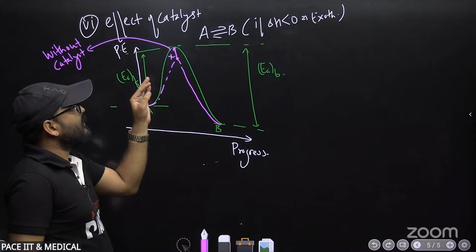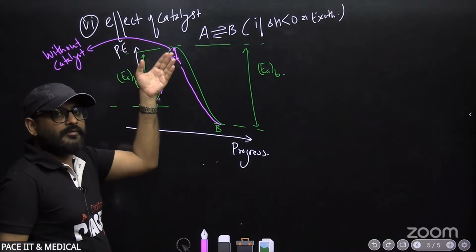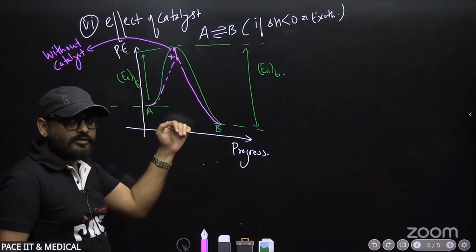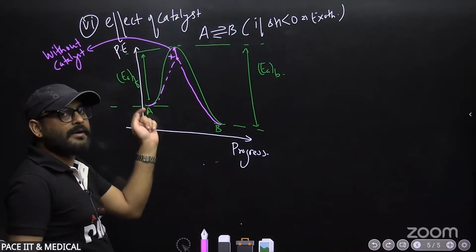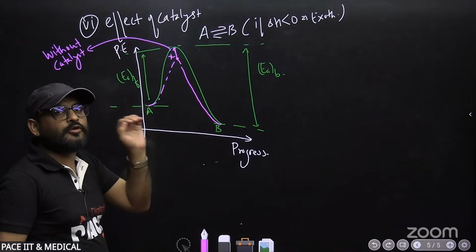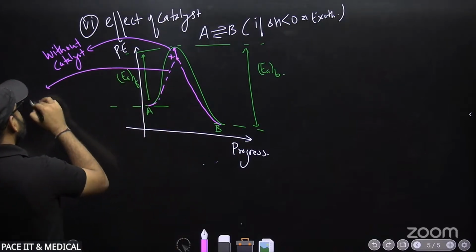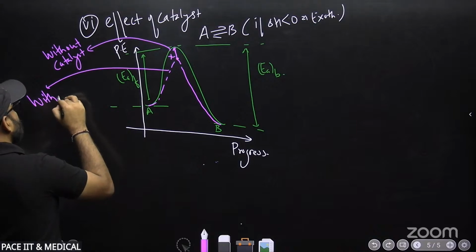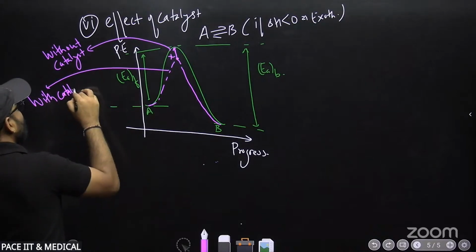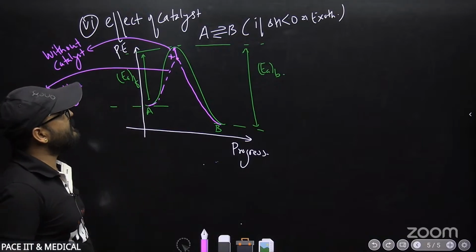Obviously, without catalyst, the peak height is more, and with catalyst, the peak is reduced. So the reaction will take a different path to form the product. And this is with catalyst. So due to catalyst, the peak height is decreasing.